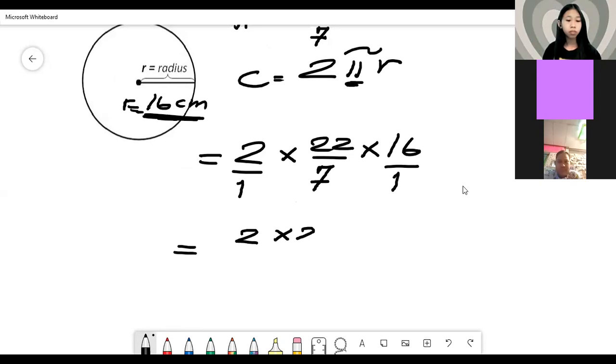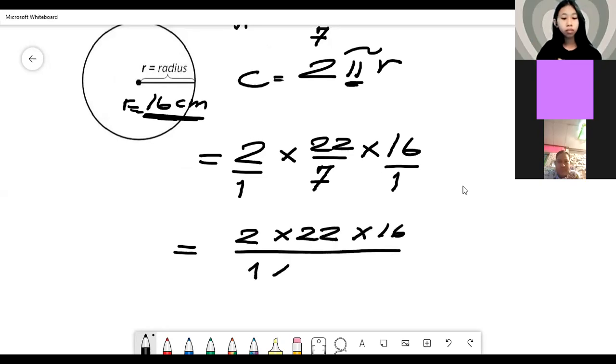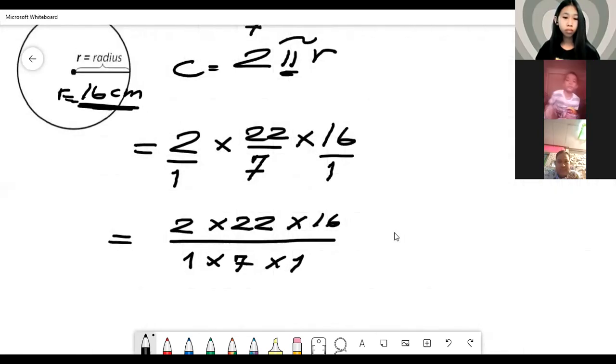2 times 22 times 16 over 1 times 7 times 1. So 2 times 22 times 16 is equal to? 2 times 22 is 44.